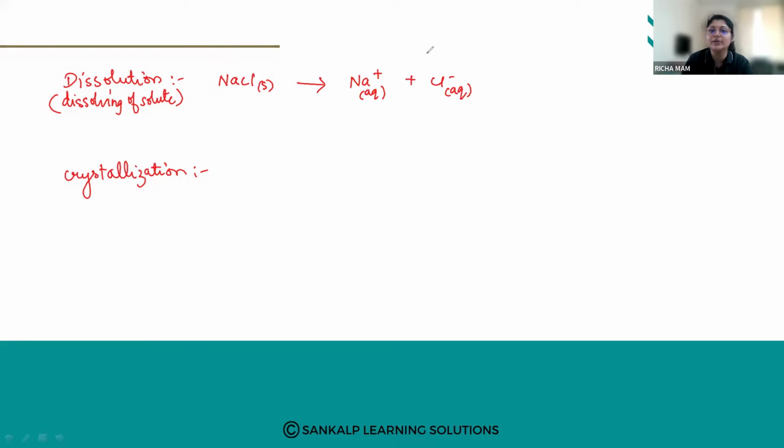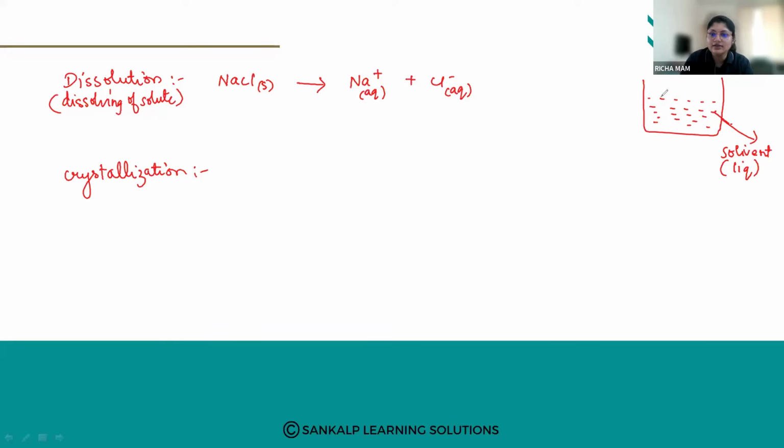Ions means it will be in aqueous form. Suppose I take a beaker. In the beaker, the lines represent your solvent. Solvent is our liquid.